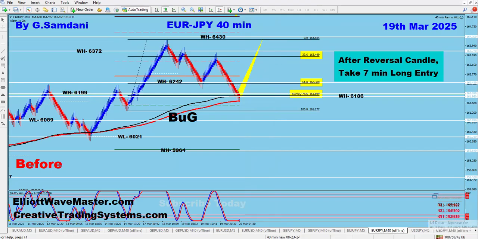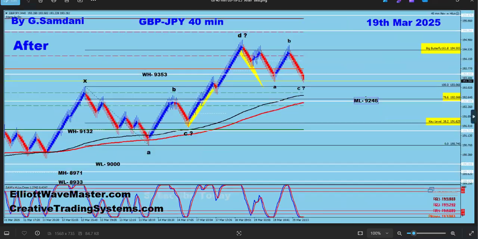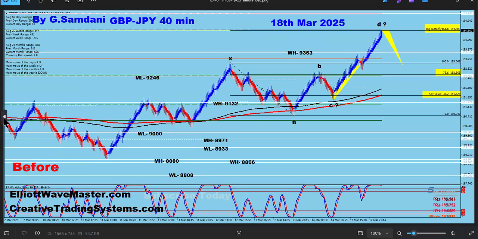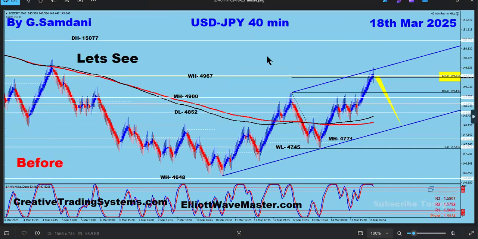And USD yen, let me show you the chart I made. Where is the USD yen before chart? This is the after. Oh, this is the one. See, first I said that we're going to go and hit the 127, so we did. Then I made the chart that we're going to drop from here to this rising TL, right?